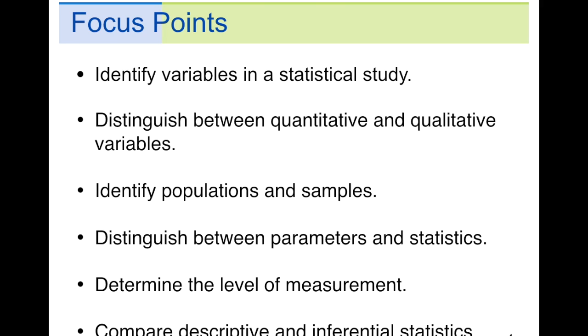You're going to distinguish between quantitative and qualitative variables. Are the variables you're looking at quantitative or qualitative? You're going to identify populations and samples. You're going to distinguish between parameters and statistics. You're going to determine the level of measurement, and you're going to compare descriptive and inferential statistics.